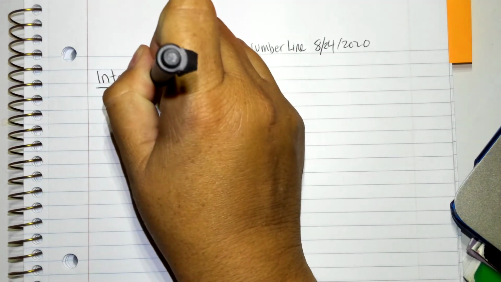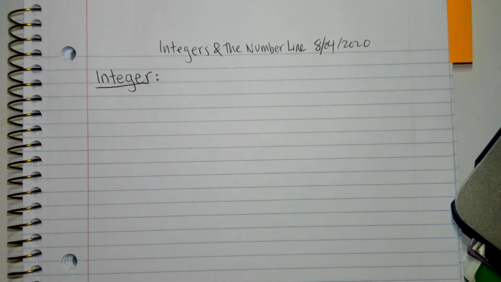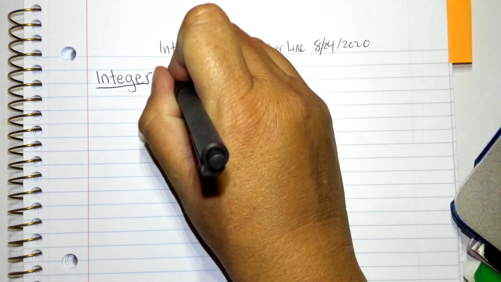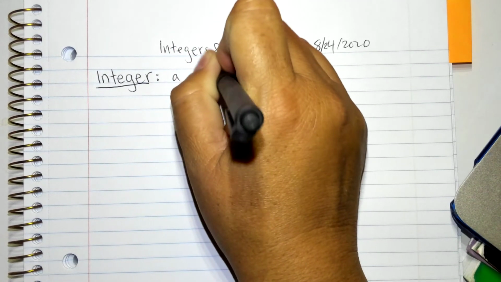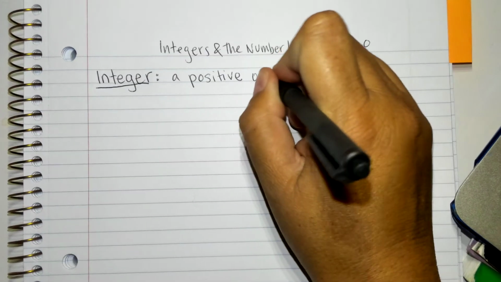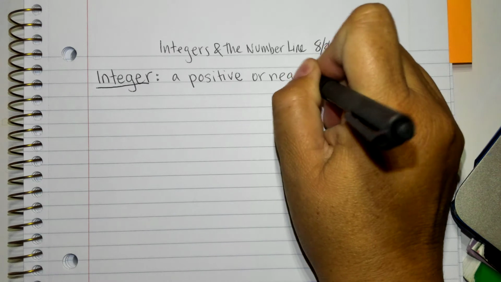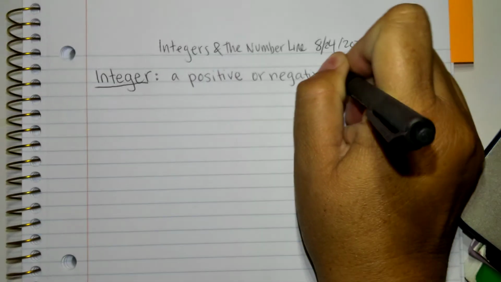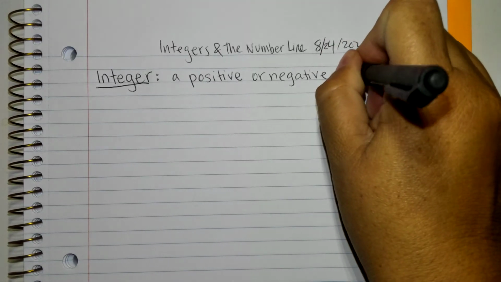And our first word is integer. An integer is a positive or negative number. Actually, a positive or negative whole number.